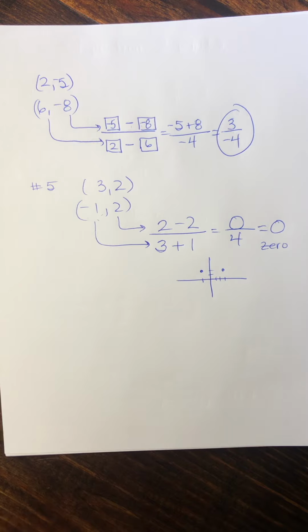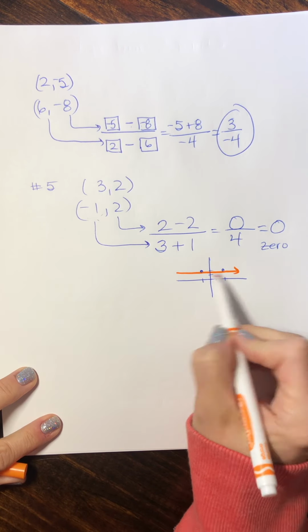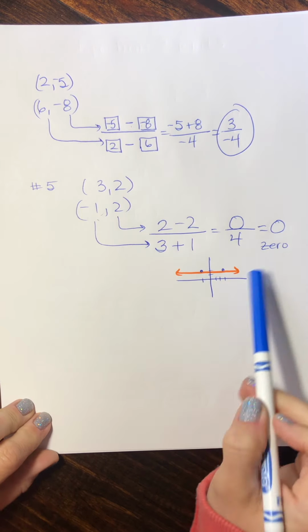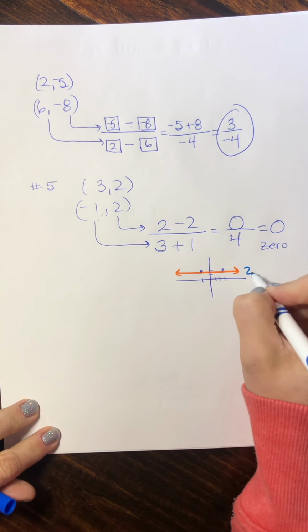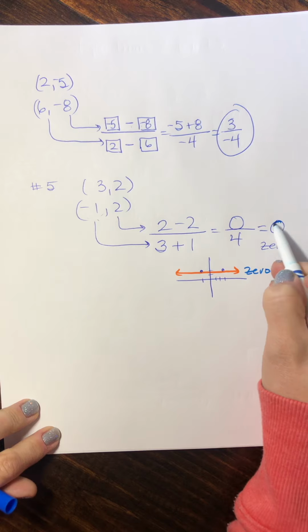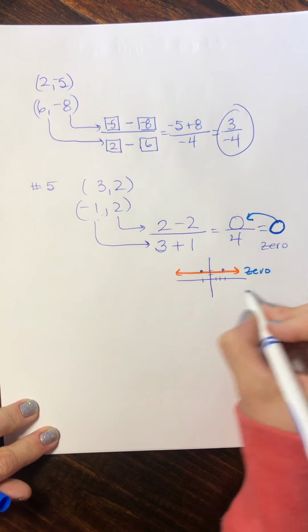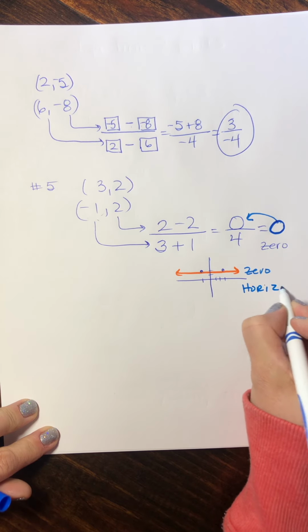So my rise, my distance above my axis here, is 2, and it doesn't matter. And if you remember, this is a 0 slope. So what you remember when you have the 0 on top of a fraction in the numerator, it's going to be a horizontal line, okay?